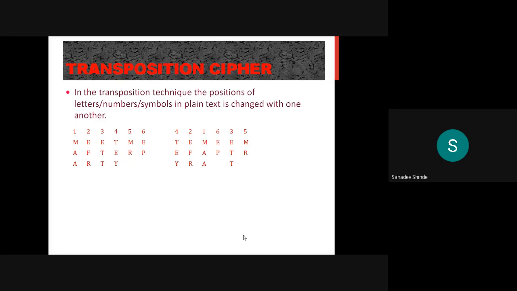I conducted the Caesar cipher in the first practical, and after that the Playfair cipher and polyalphabetic cipher, which Kanchan madam has taken. So this is today's fourth experiment. We will see it in detail.